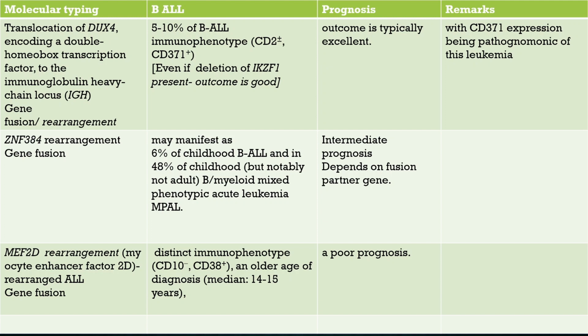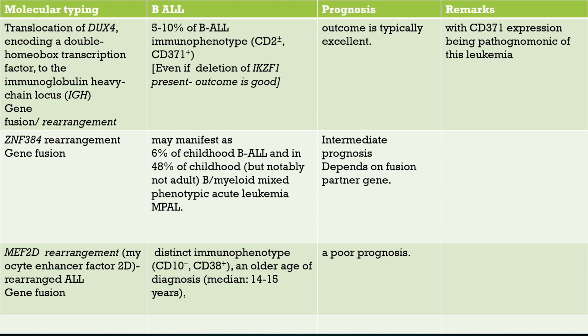Next is ZNF384 rearrangement. The abnormality is gene fusion. It may manifest as 6% of childhood BALL and in 48% of childhood B-myeloid mixed phenotypic acute leukemia. It has an intermediate prognosis and depends on the fusion partner gene.